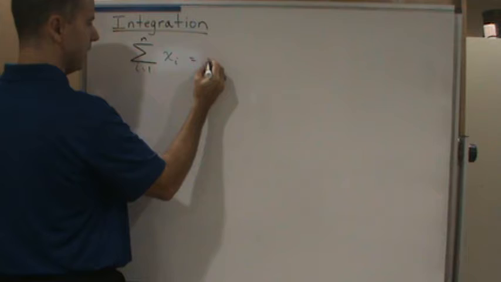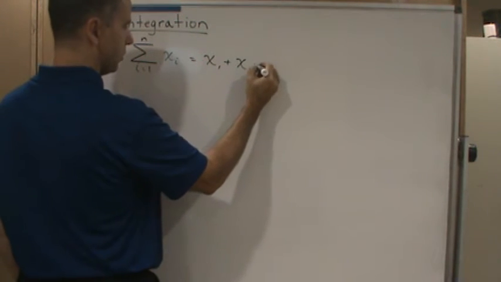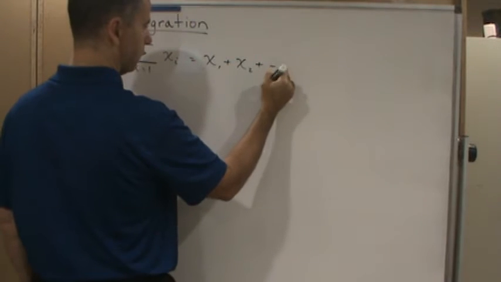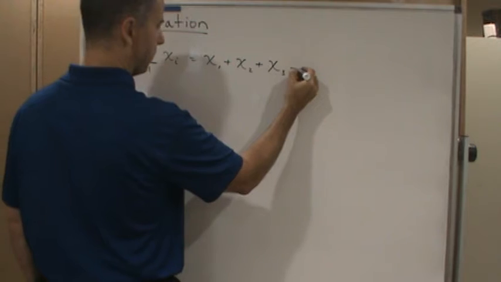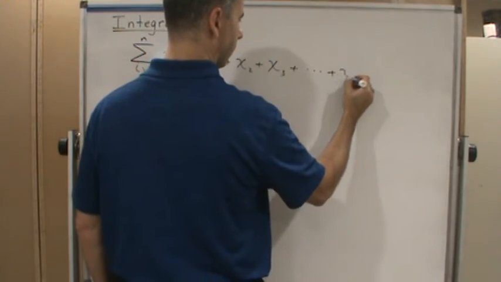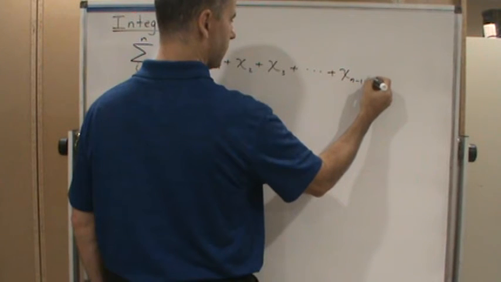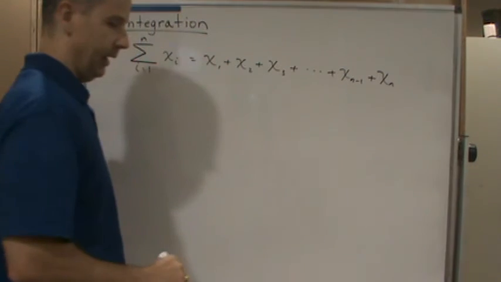So this means I'm going to take x of 1 plus x of 2 plus x of 3 plus all the way to x of n minus 1 plus x of n.